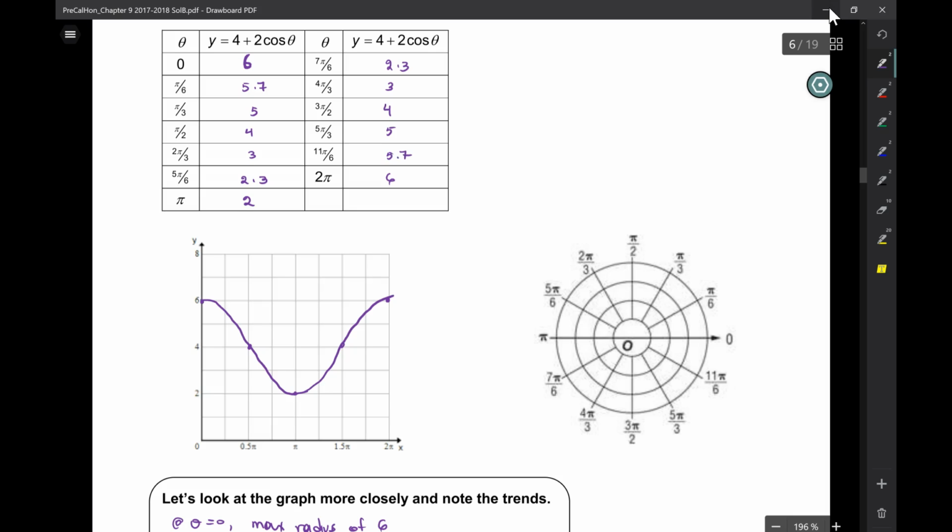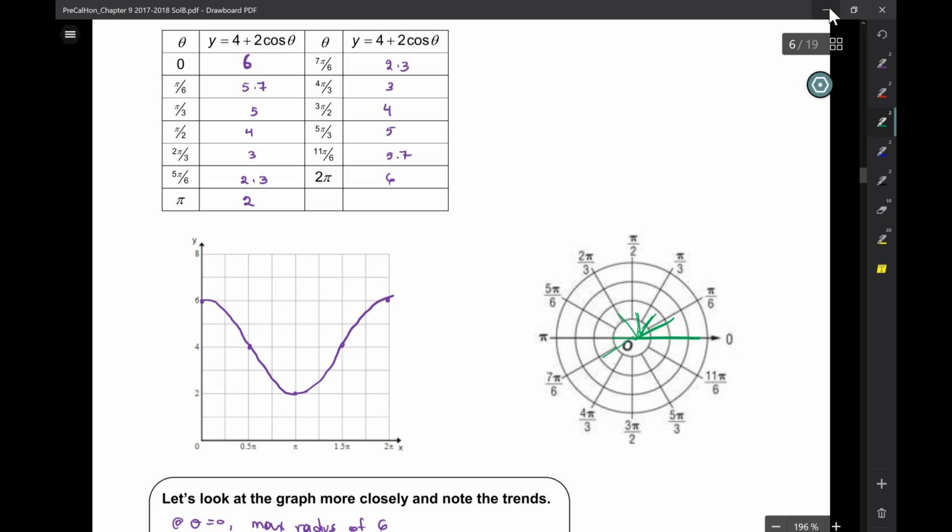It's very useful to be able to visualize this before you draw it. So first we have a maximum radius of 6. Then that radius is going to get smaller and smaller, but the smallest at pi is going to be a 2.